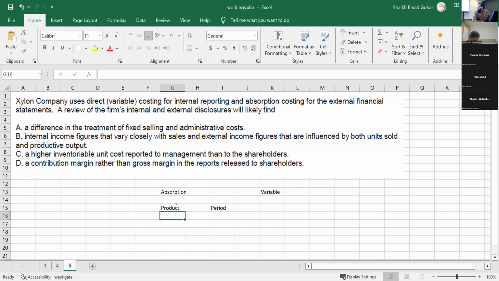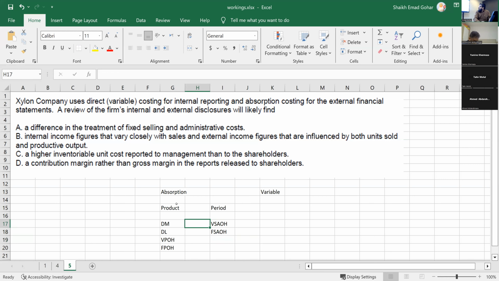Product cost: direct material, direct labor, variable production overhead, fixed production overhead. Period cost: variable selling and admin overhead, fixed selling and admin overhead. Right or not?